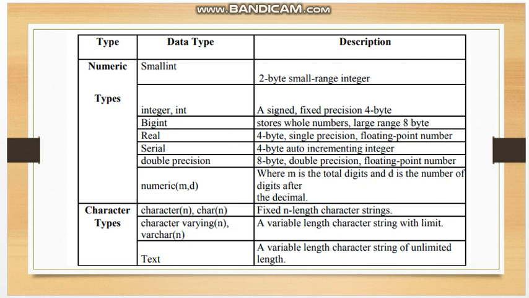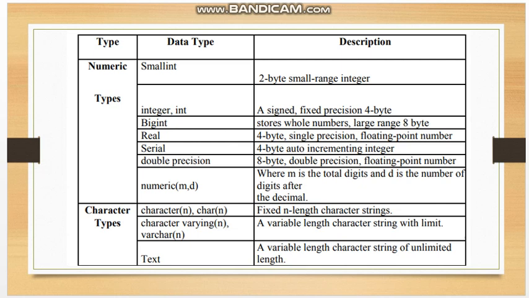So this can be a choice if you want a floating point number. So these are the options of data types for the numeric type, whether the number is a whole number or contains a decimal. We have a range of data types we can use.